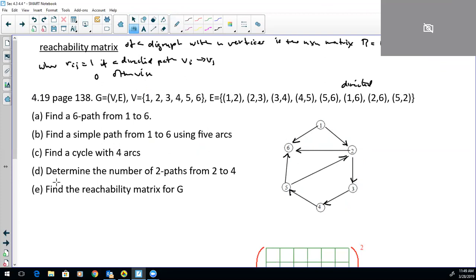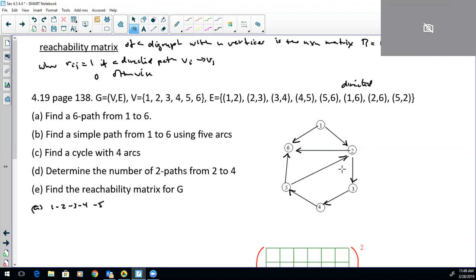Okay, so let's answer some questions. Find a 6 path from 1 to 6. So I want a path from 1 to 6 that takes 6 edges. Okay. Well, I'm just going to write down the vertices in order since I don't have multiple edges here. It's going to go from 1 to 2 to 3 to 4 to 5.